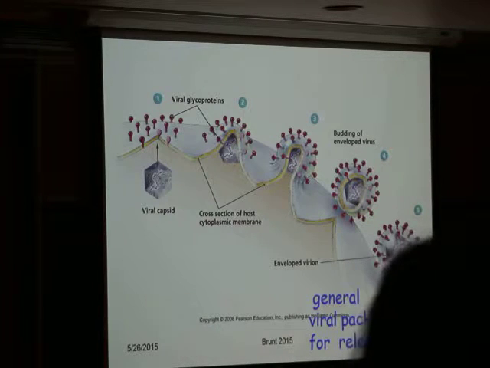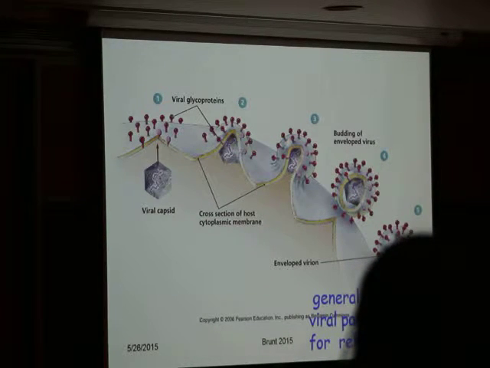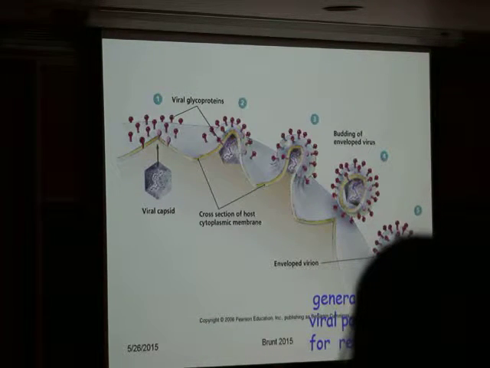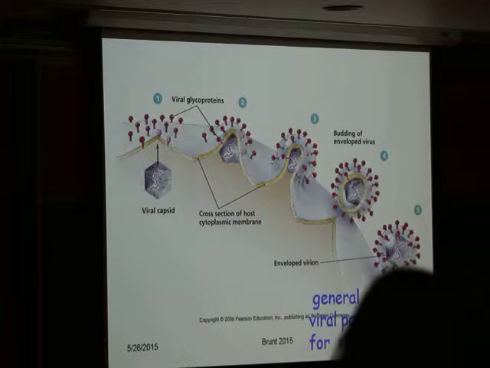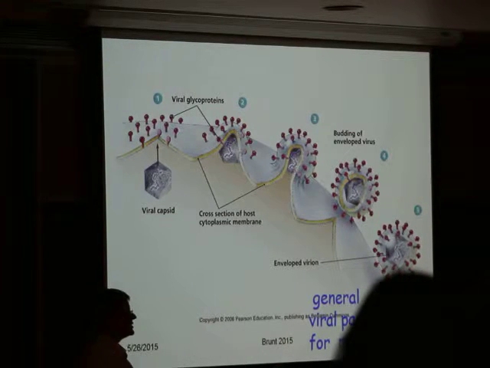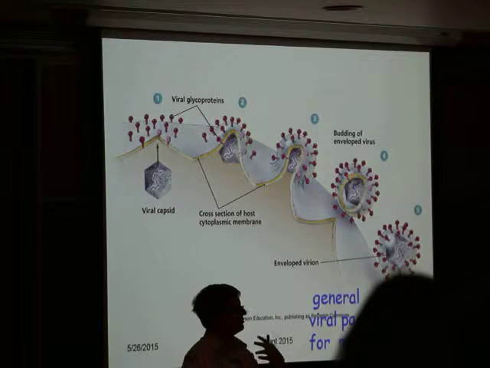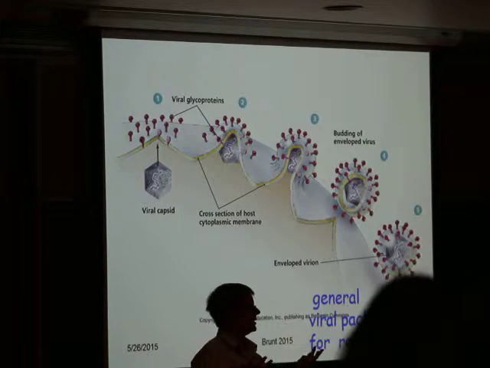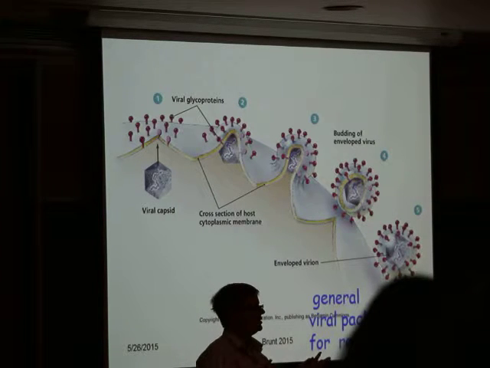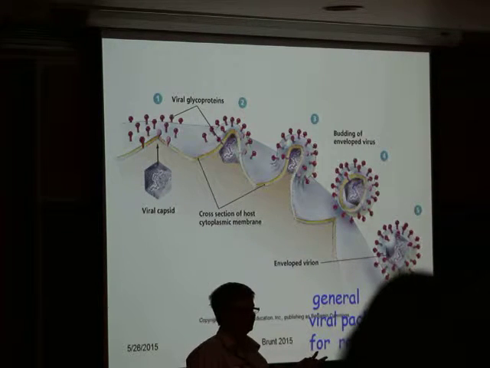But what also has to happen is these proteins in the host cell have to move away from this region, so that only viral proteins end up embedded in this membrane. If that process does not take place and the virus pinches off with both viral proteins and host proteins in the membrane, what do you think could happen to the host cell?